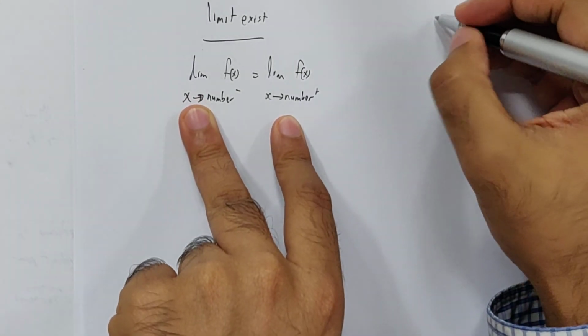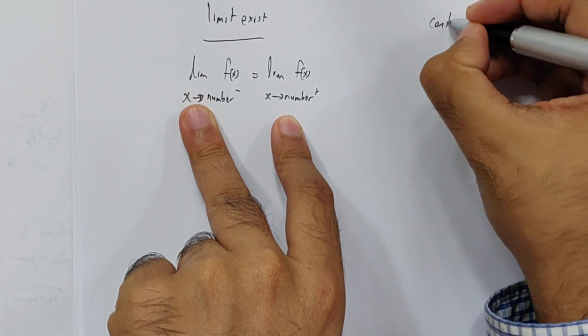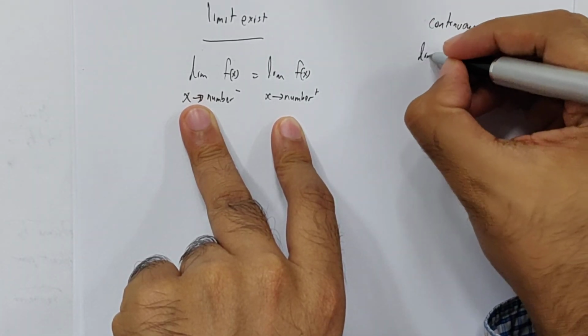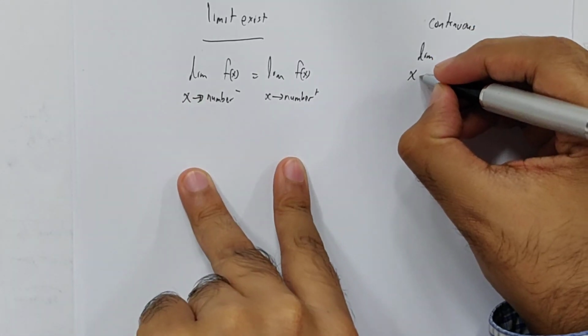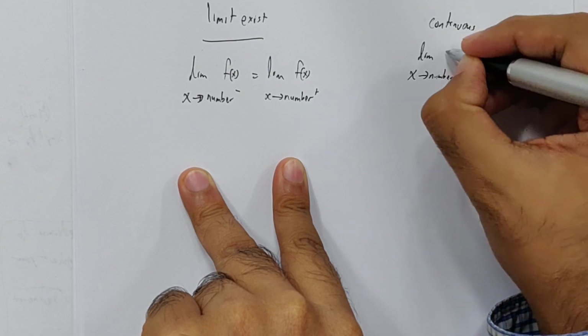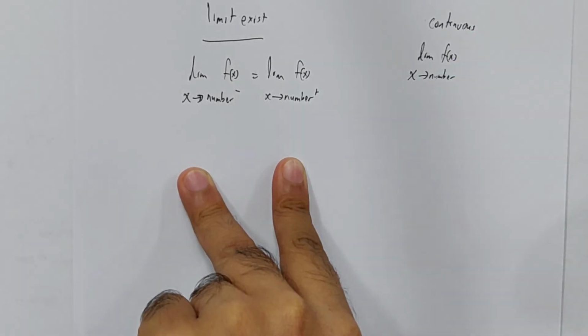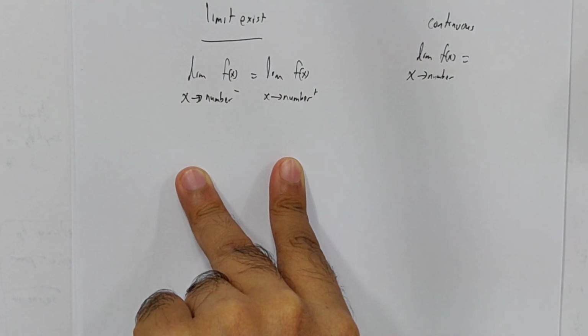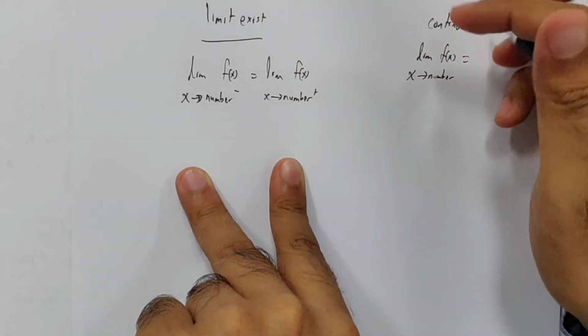What about continuous? Lim x approaching number, f(x) equals f(number).